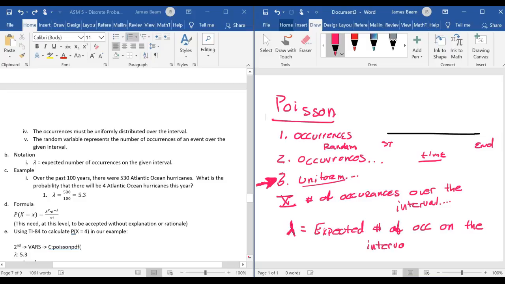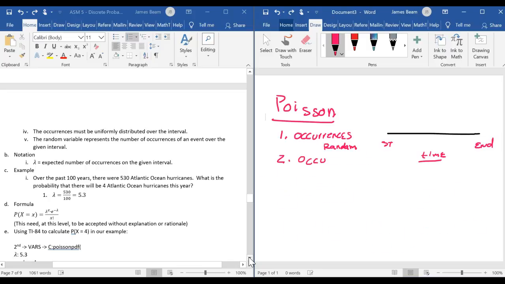That's actually the only knob we have: once you know the expected number of occurrences on the interval, then you can start talking about Poisson distributions. So how does this work?